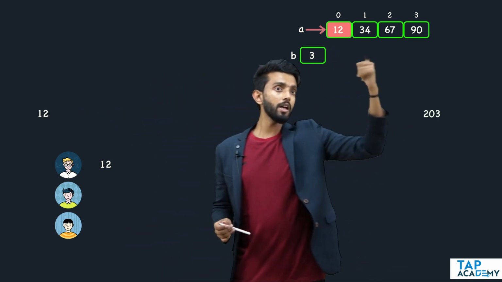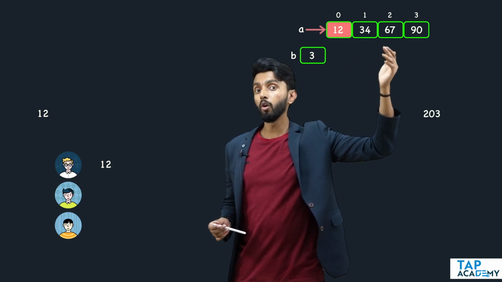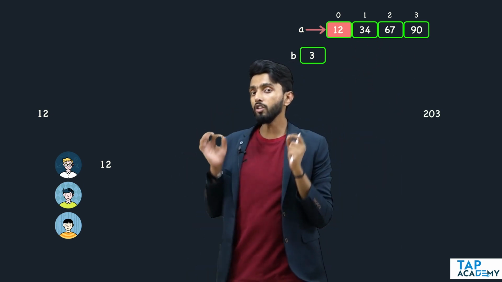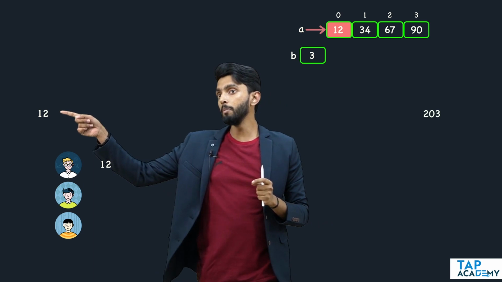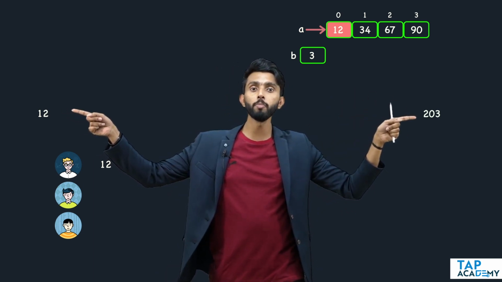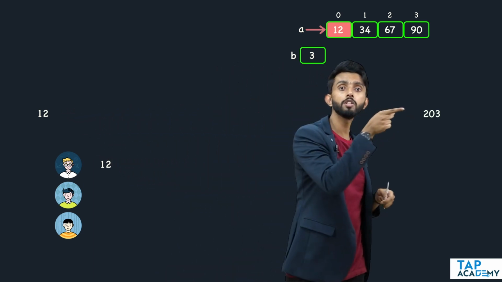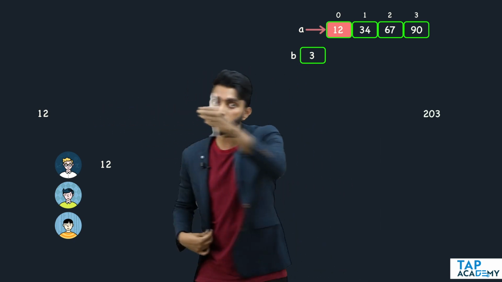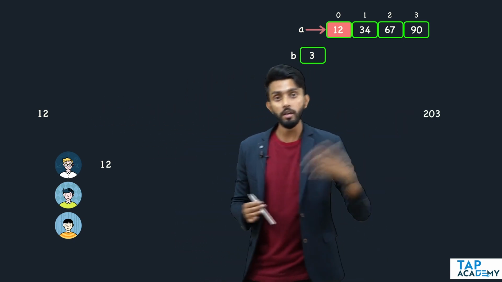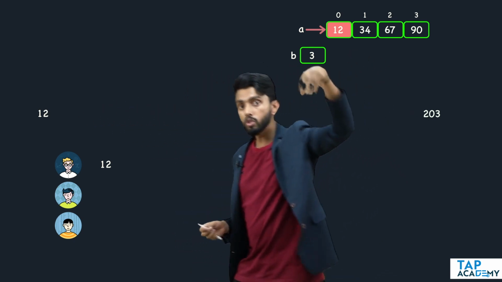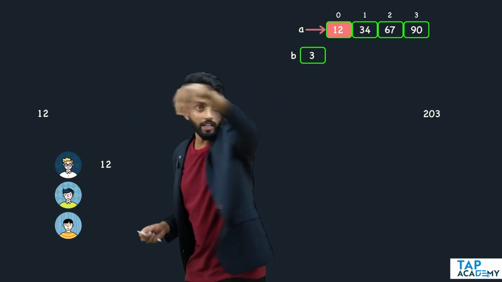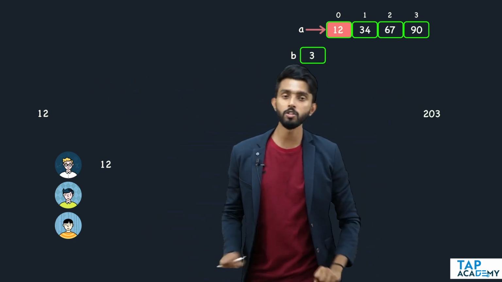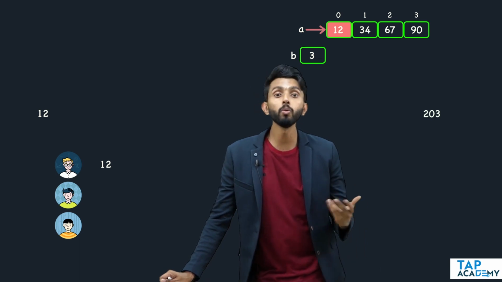Now, this array may be sorted, may not be sorted. But the range of values from the minimum number of pages to the maximum number of pages is 100% sorted, is 100% going to be in ascending order. Now, if you are going to search for a value in a sorted sequence, what will you use?